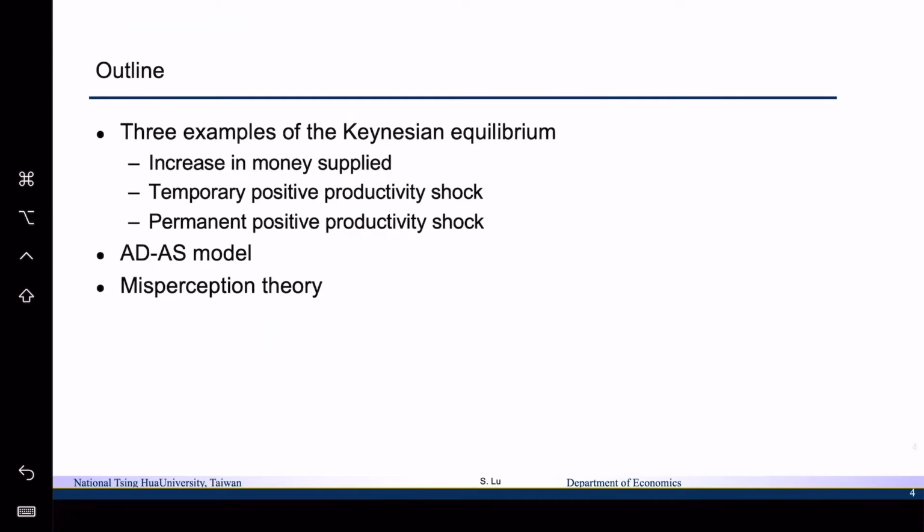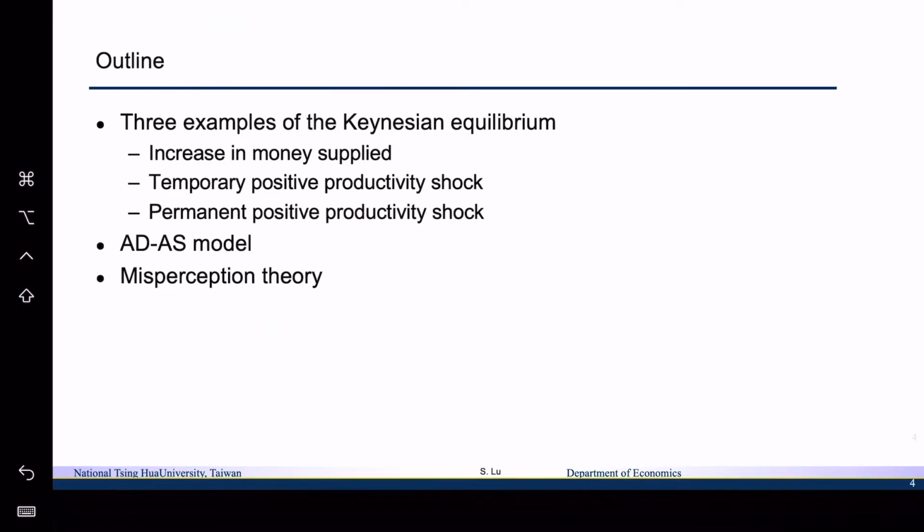We also want to talk about when there is a temporary positive productivity shock and when there is a permanent positive productivity shock, how does it affect the IS and LM equilibrium in the short run and in the long run. And then we are going to introduce the AD-AS model and then talk about the misperception theory, which can be thought of as a more advanced version of the AD-AS model.